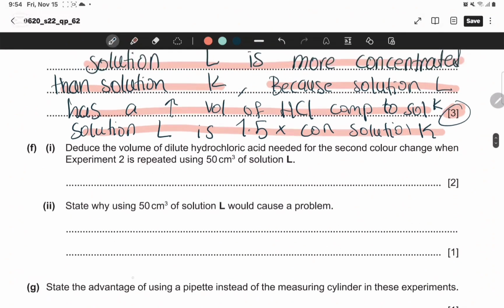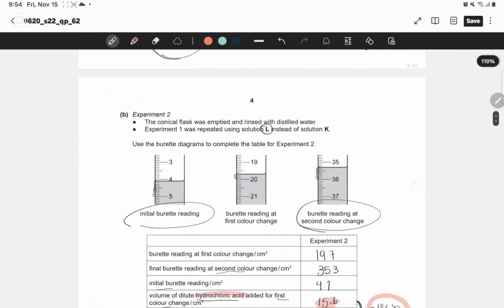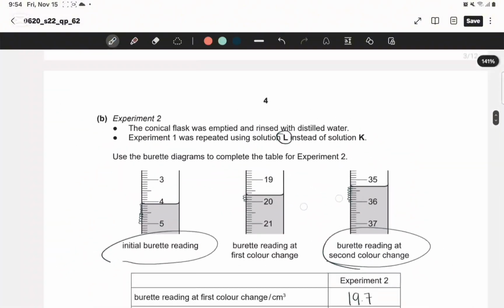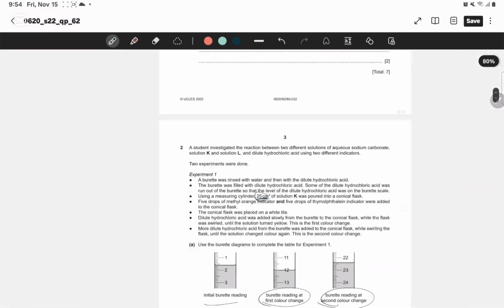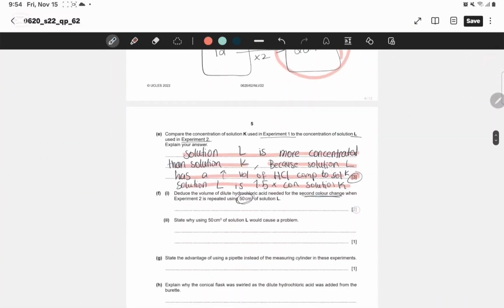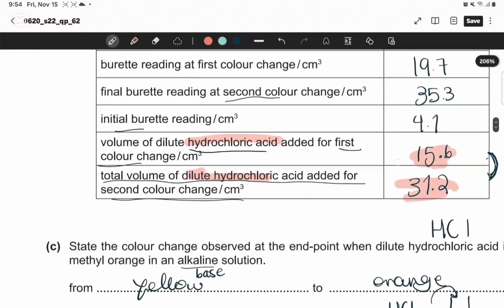Okay. Deduce the volume of dilute hydrochloric acid needed for the second color change when experiment 2 is repeated using 50 centimeters cubed of solution L. So let's go to experiment 2 here. It's originally 25 centimeters cubed, so they doubled the volume. So what are we gonna do to the volume of the second color change?